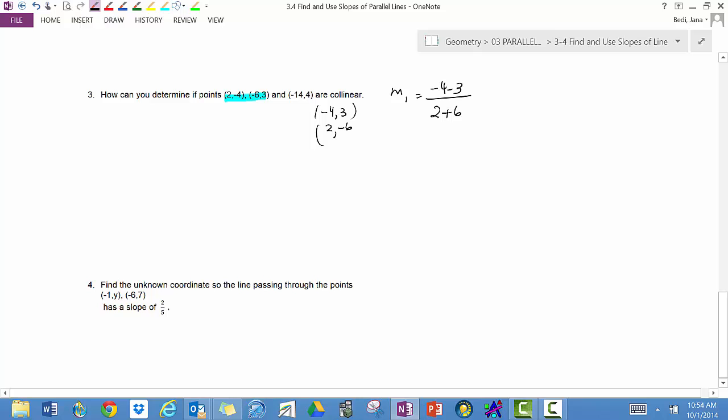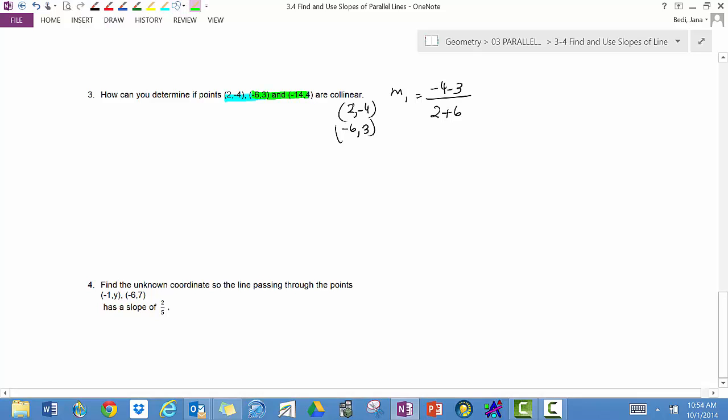Except I wrote my points wrong. So let's try that again. So the points are 2, negative 4, and negative 6, 3. So that's my m1. My m2, I'll just take the next set of points.